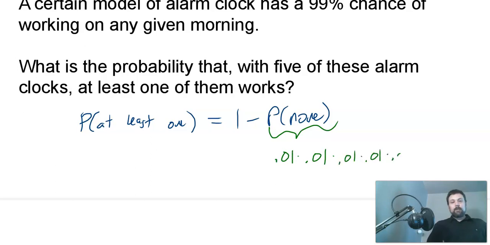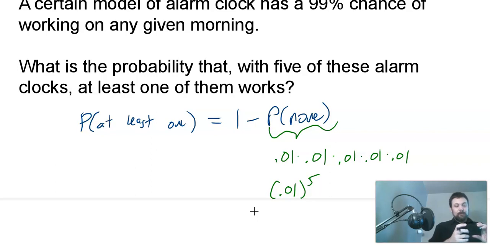Now, there's 5 alarm clocks. Each one individually has a 1% chance of failing. So the probability that all 5 of them fail is going to be 0.01 multiplied by itself 5 times, so it's going to be 0.01 to the 5th power. Now this one I think I'll just go ahead and use my calculator on. I think I should be able to figure it out, but let's just double check it.